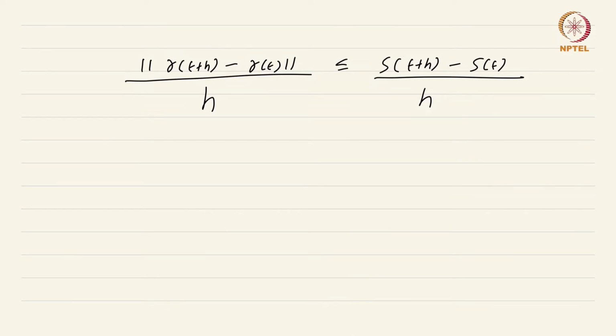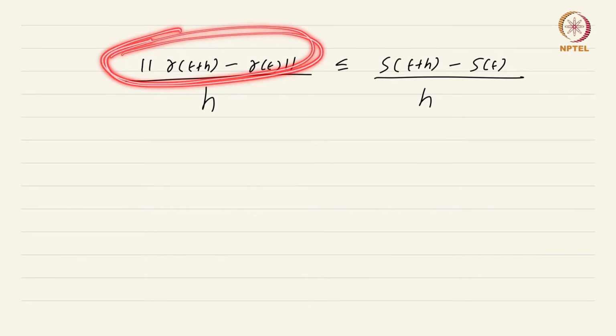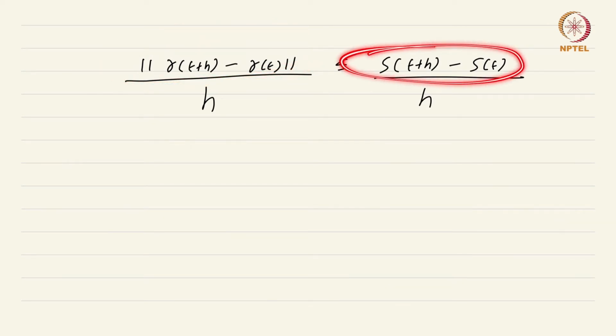Well, I just said a minute ago that s of t plus h minus s of t is nothing but the length of gamma restricted to [t, t plus h]. If I take the trivial partition of this interval and find the length of the curve with respect to it, this single term is what I would get. So this single term will be less than or equal to the length, which is equal to this. That's how we get this inequality.